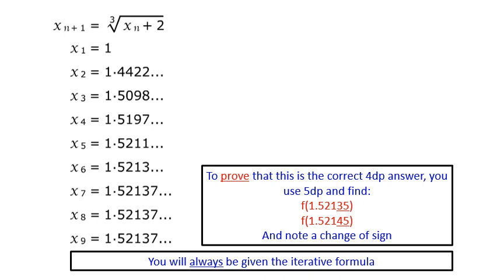If you wanted to prove that that was correct to 4 decimal places, then you could find f of 1.52135 and 1.52145, in other words the upper and lower bound, and notice a change of sign. This is something that I went through on the previous PowerPoint looking at locating roots. In an exam question, if it's an iterative question, you will always be given the iterative formula.